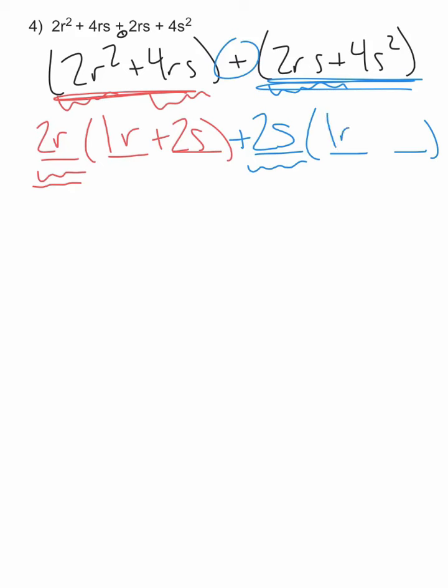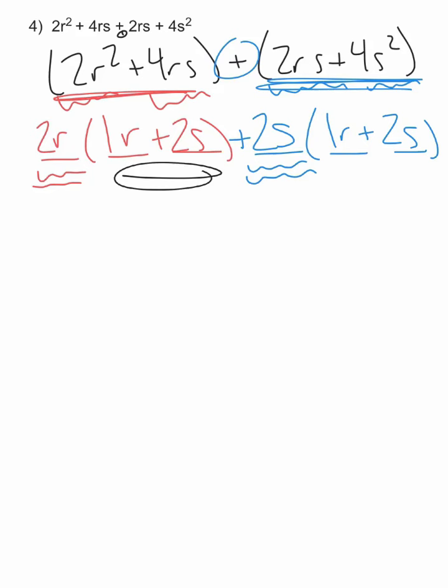We have an r, the s's would cancel out. And then second term, 4s squared divided by 2s. 4 divided by 2 would be 2, and positive 2, so we'll put a plus 2. Subtract your s's. S squared divided by s would give us 1s.